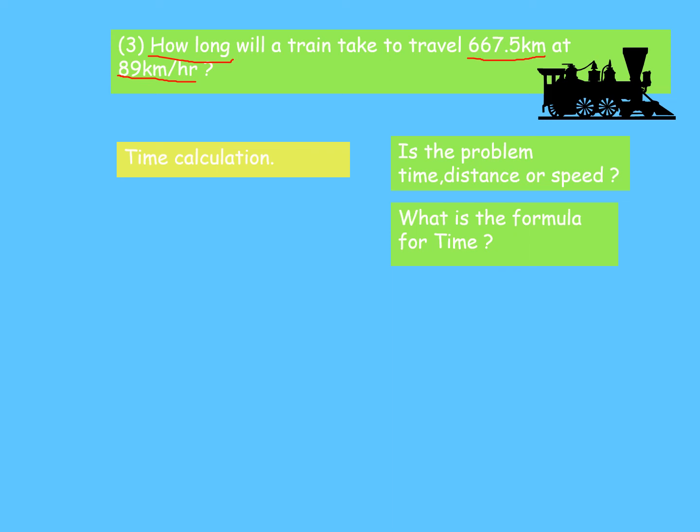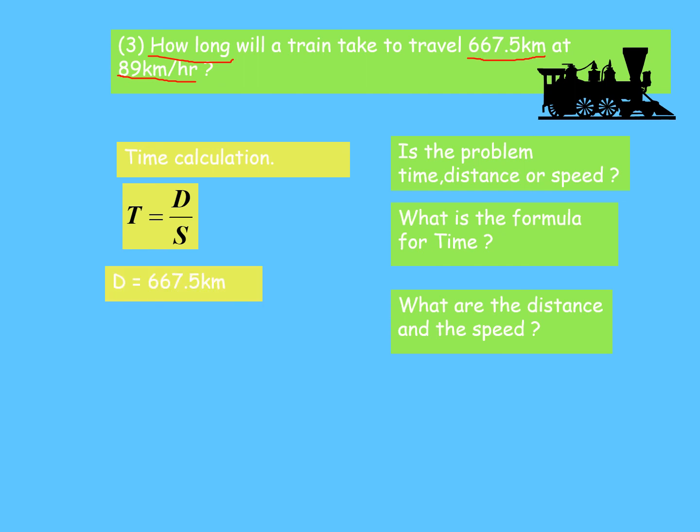So what is the formula for time? Time is equivalent to distance divided by speed. And what are the distance and the speed? We have 667.5 kilometers and 89 kilometers per hour.